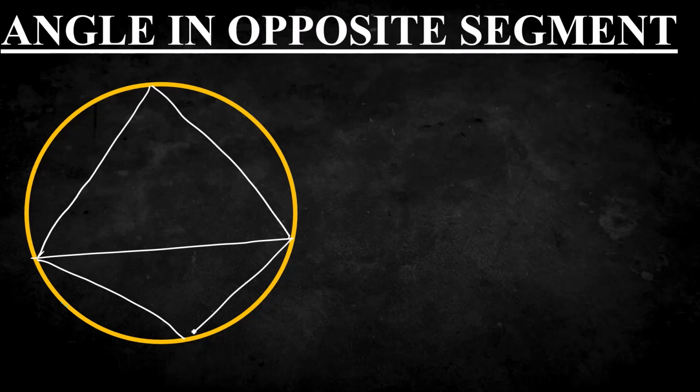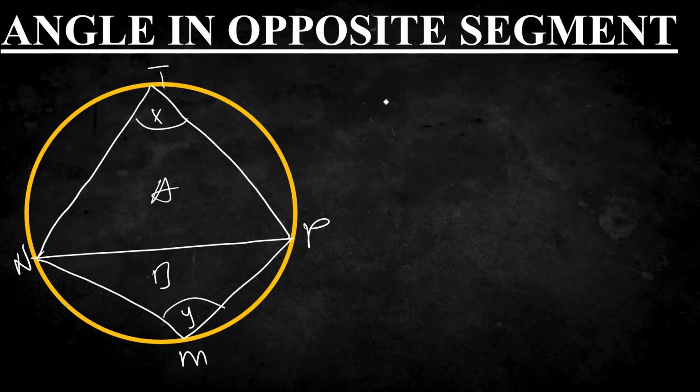Let's call this angle X, and let's call this angle Y. Per this property, we have the first segment and then another one, so we have opposite segments.